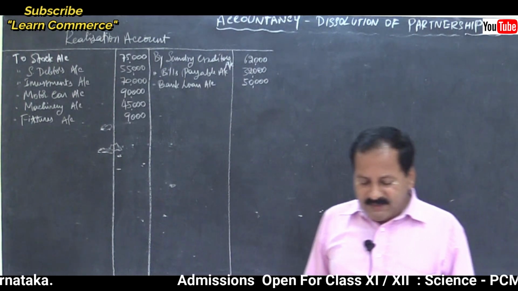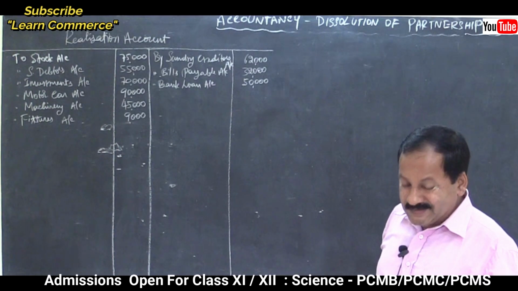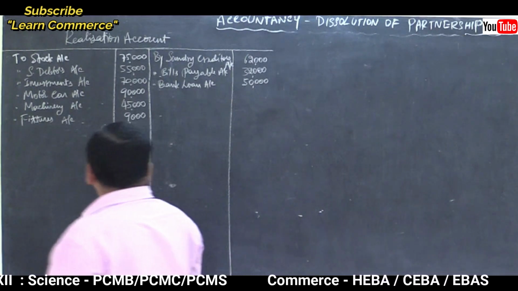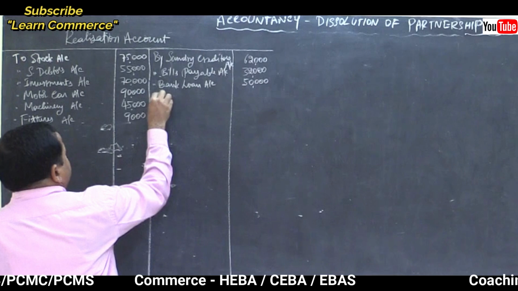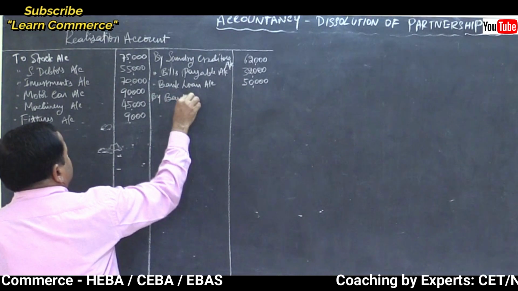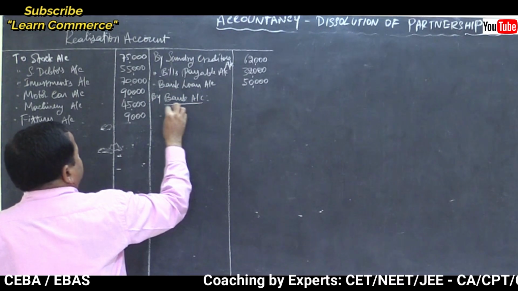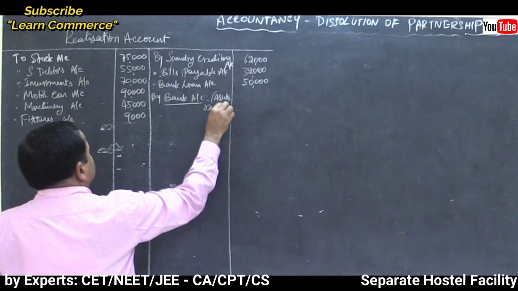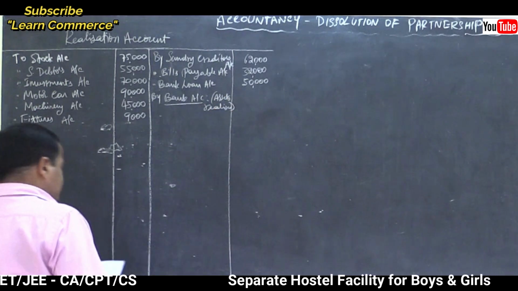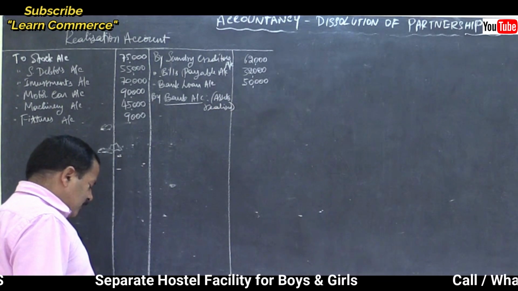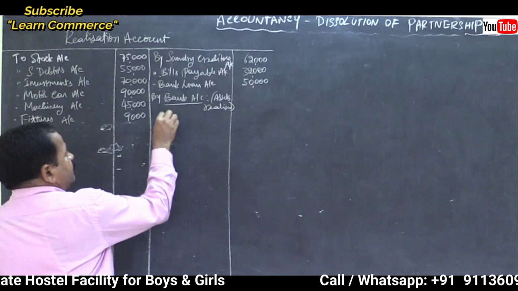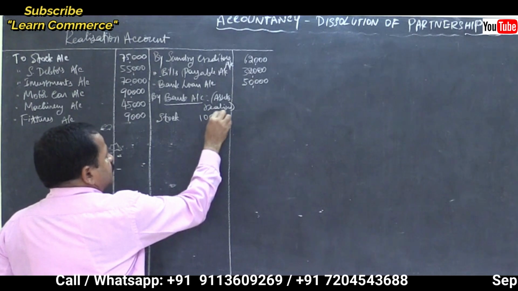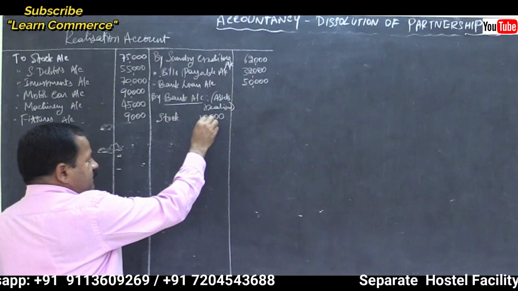Then let us move on to the sale of assets. Let us sell the assets. Bank account, assets realized by bank account. Under that, assets realized, how much? Stock 10,000.